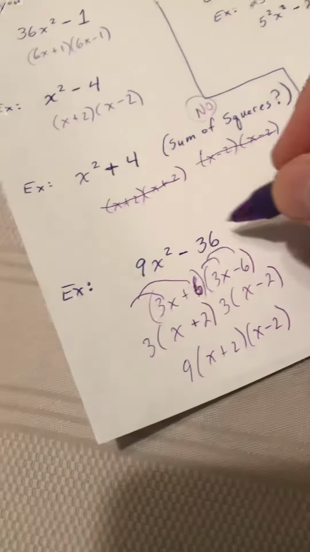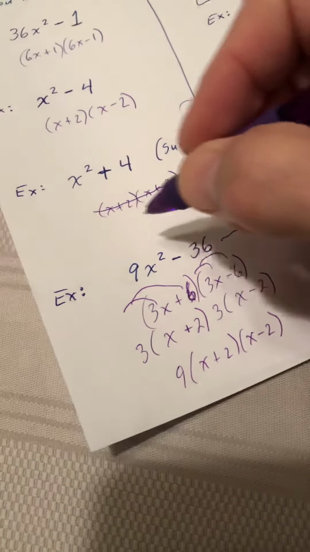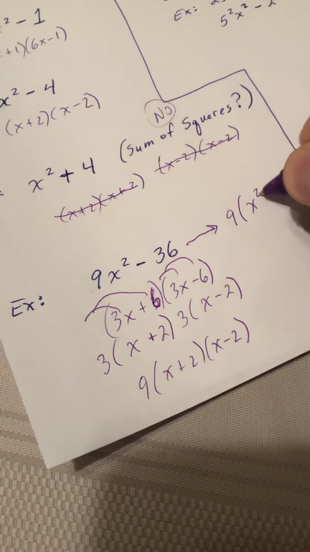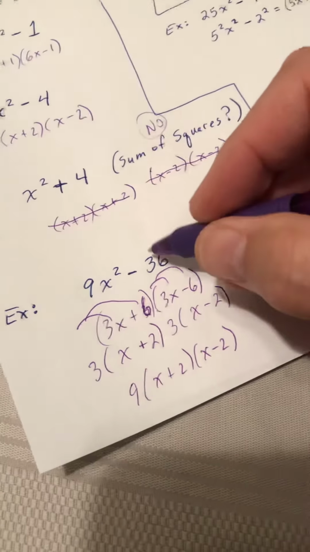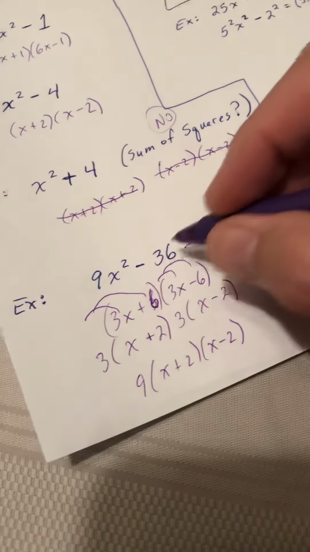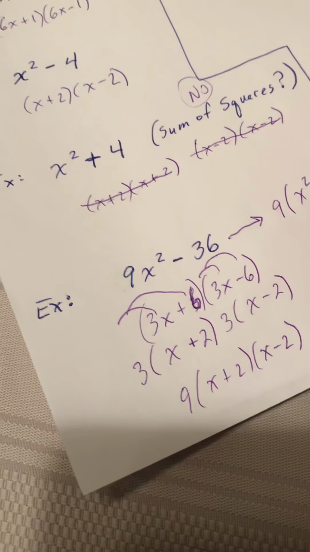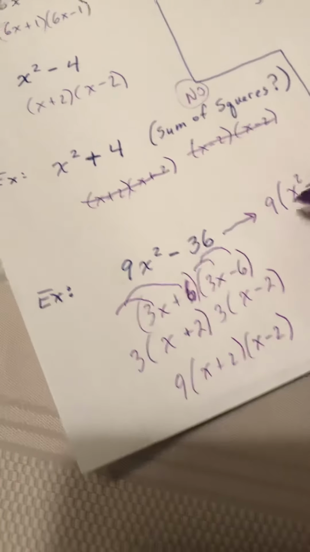Well, look at this. What if I started this one by factoring out a 9? 9 times x squared minus 4. Yeah, 9 times 4 is 36. All right, are you with me?